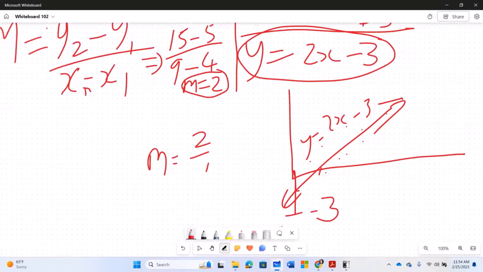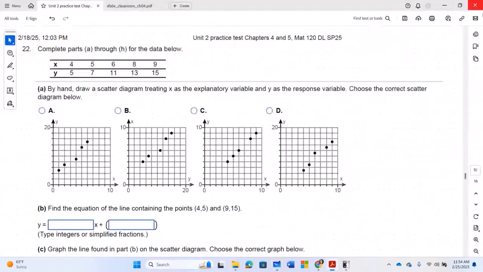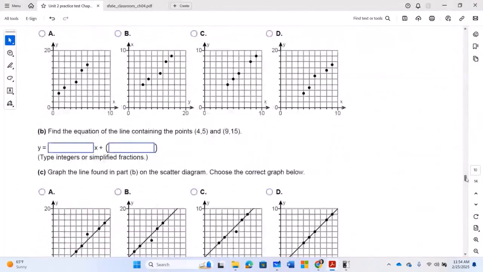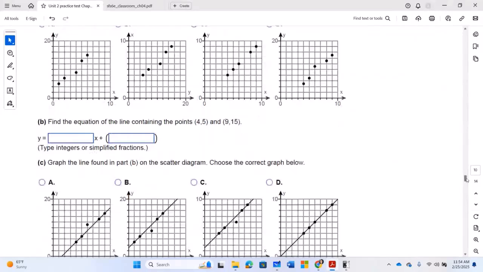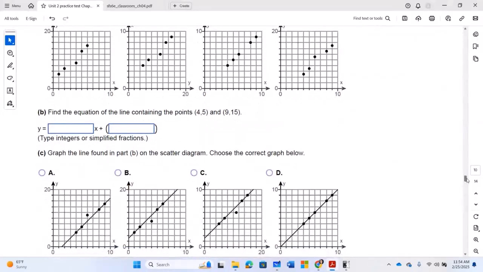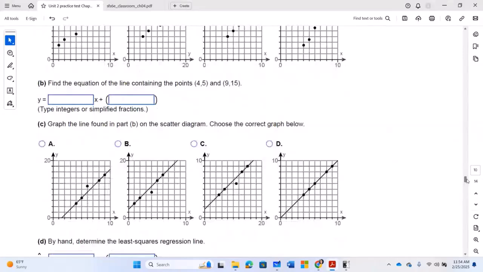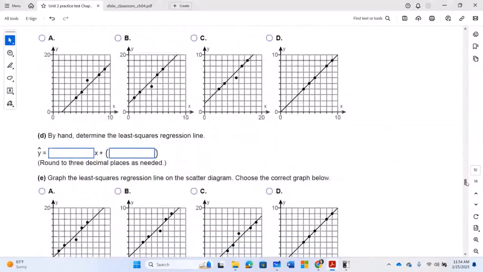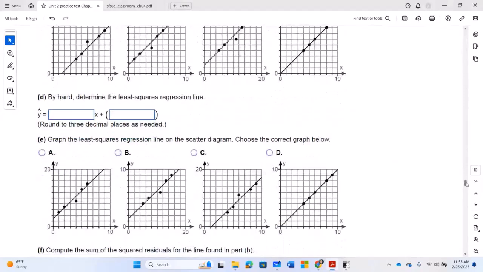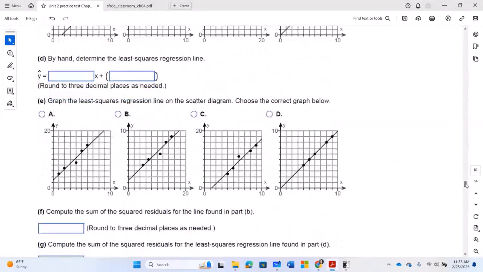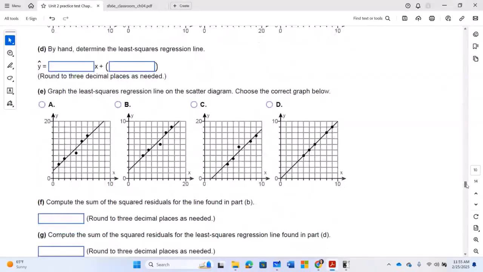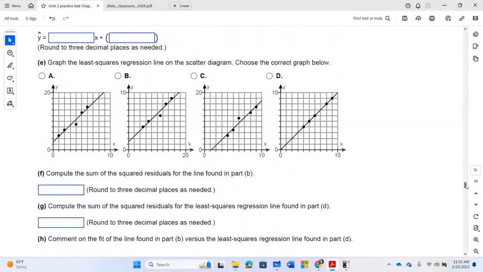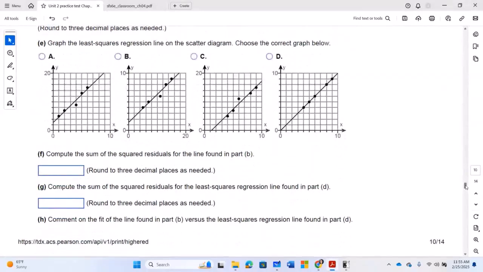That's the one thing I want to review for this section. So we have found the equation and graphed the line. Now, by hand, determine the least square regression and compute the sum of squared residuals.